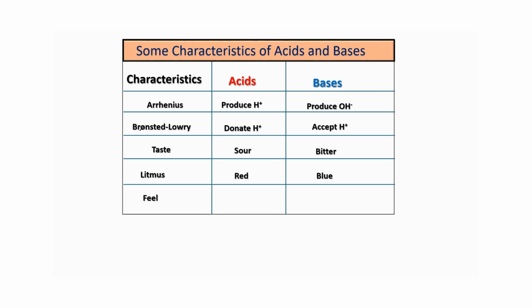If you were to touch acid, which you should not do, an acid will feel dry or wet normally, but some acids are very dangerous. They can burn you. Bases would feel slippery.